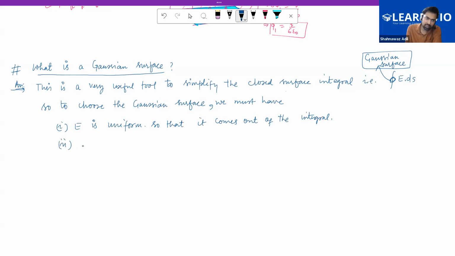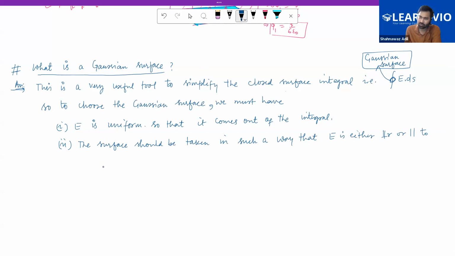Second point is that the surface should be taken in such a way that E is either perpendicular or parallel to the surface.